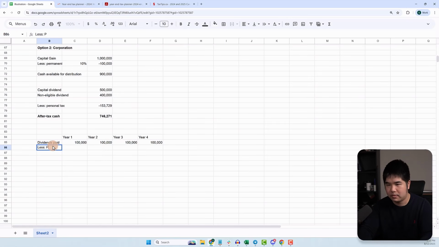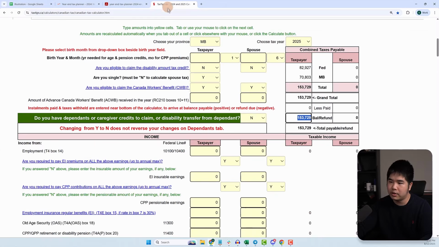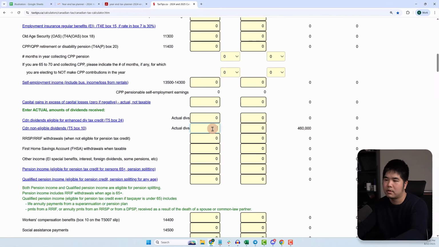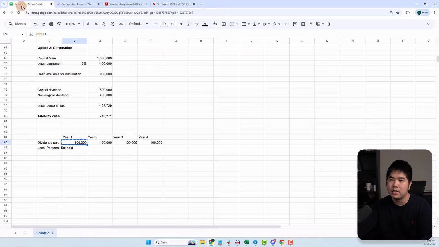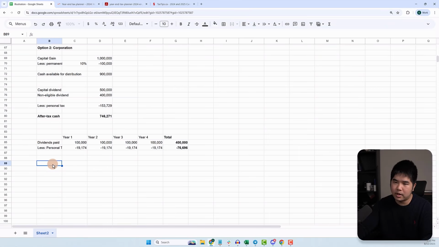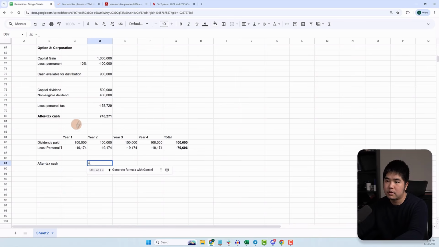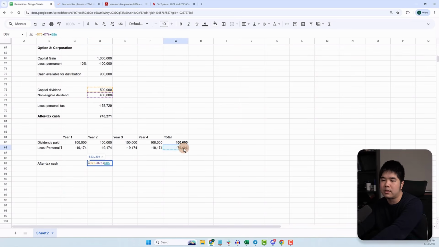less personal tax paid. And we can go to the calculator again and put $100,000. So then our annual tax is only $19,000. Then let's have a total column. So our after-tax cash is $500,000 plus $400,000 less $76,000.